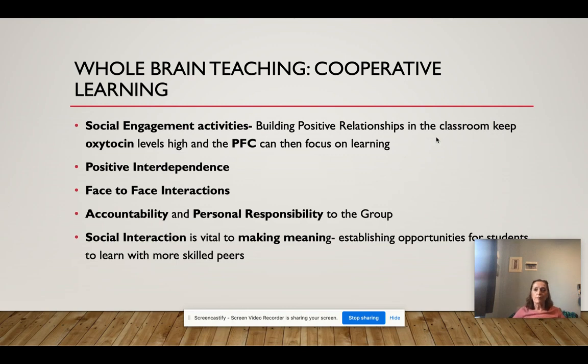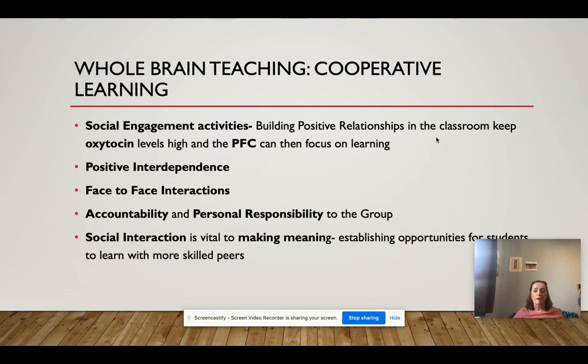So we know that building positive relationships in the classroom between you and the kids is important in establishing comfort, but it's also important to build those relationships among the students. No matter what setting we're in, we need to build them, whether it's the lunchroom, the school bus, the playground. They need positive relationships.